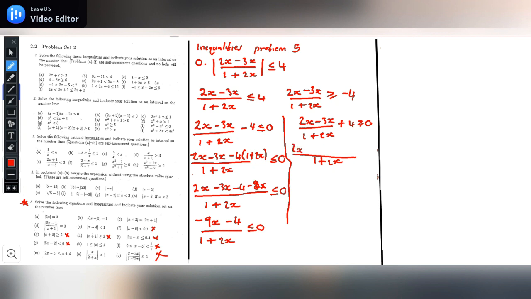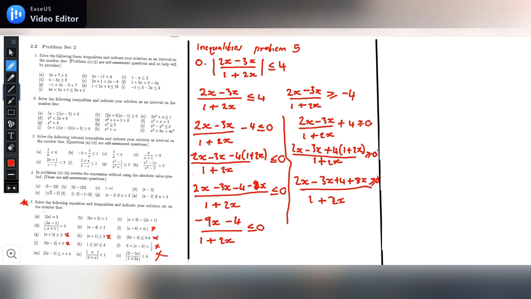It is 2x minus 3x plus 4, 1 plus 2x, 0. Therefore 2x minus 3x plus 4 plus 8x greater than or equals to 0, over 1 plus 2x, right?